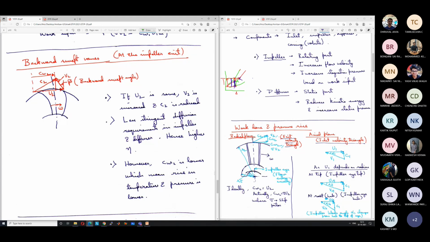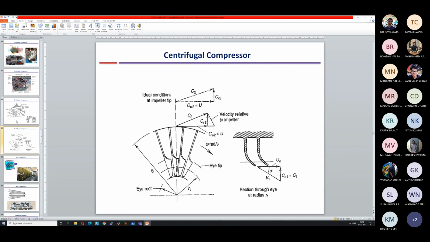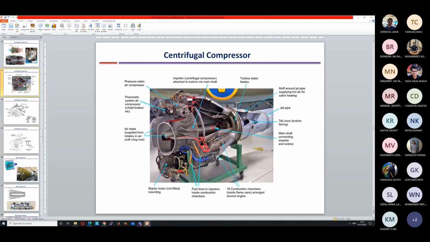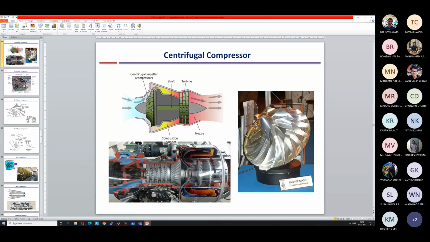Again, this is not always the case. So there can be cases where I can have backward swept vanes. So the vanes look like this. I think we had seen one case like this. This was perpendicular, where velocity is radial at the exit, and this is a backward swept vane.